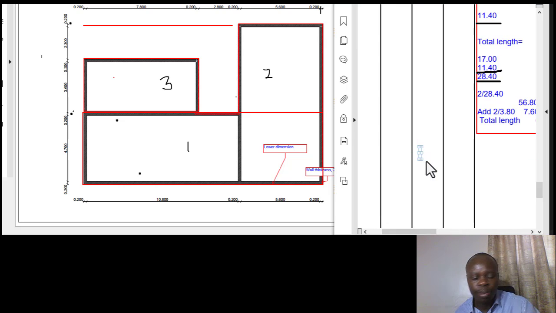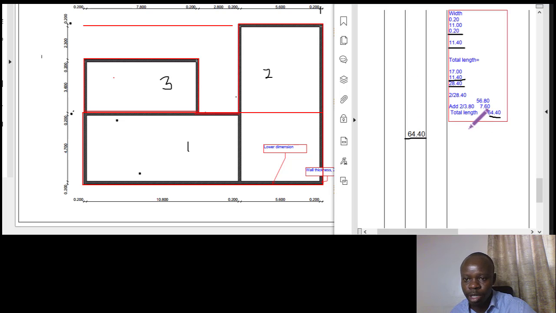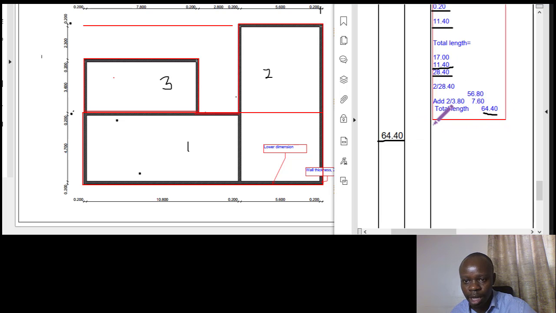The unit being that we do it in linear meters, therefore when we have the 64.40, it should be properly in order. That is what you've calculated, and then you underline to just signify that you already have your length, what you are looking for the formwork. Okay, as usual, the next step is just make a bracket, and then you describe what is supposed to be described at that particular point.